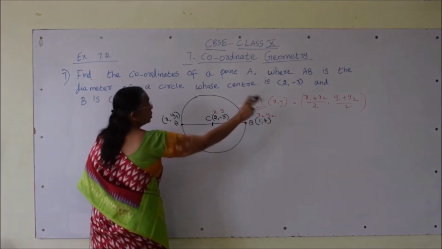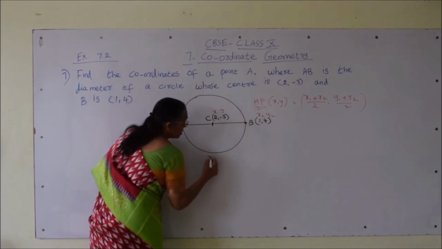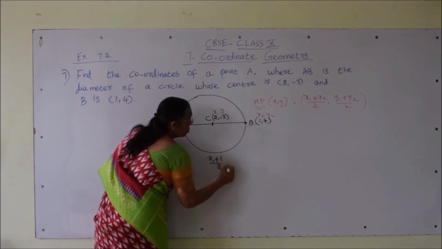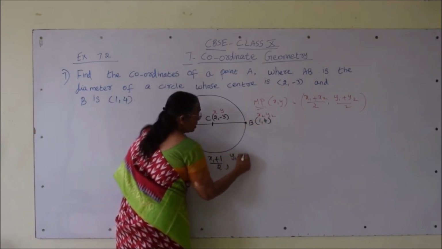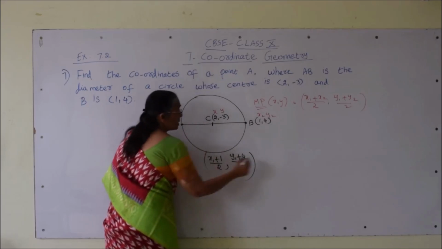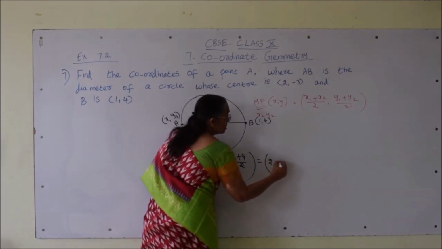So, now using the formula, (x1 + 1)/2, (y1 + 4)/2 is equal to the midpoint (x, y) which is (2, -3).